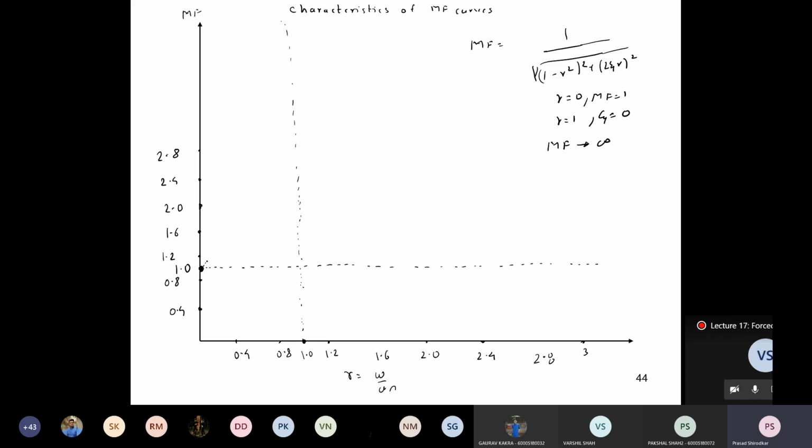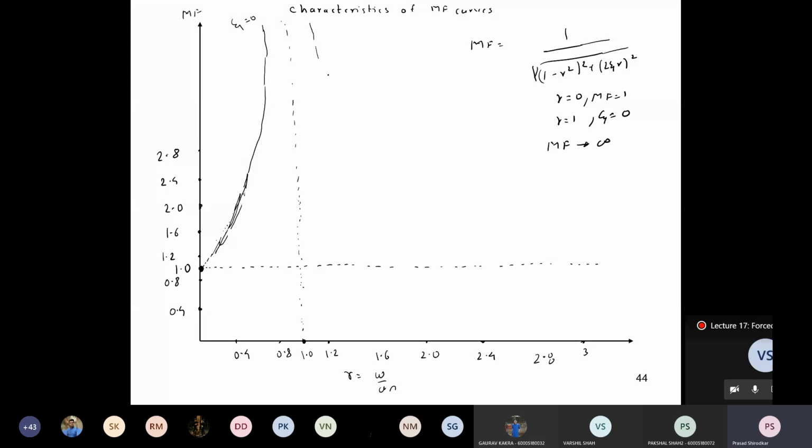So I'm going to construct the curve when zeta is 0. All right. And similarly construct, so this is for zeta is equal to 0.